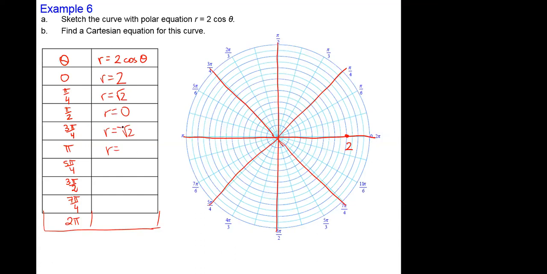No, it's negative 1. It will be negative 2. And then 5 pi over 4 is square root of 2 over 2, but it's the negative quadrant. And then this is again 0. This one is positive, square root of 2 over 2, but multiplying by 2.